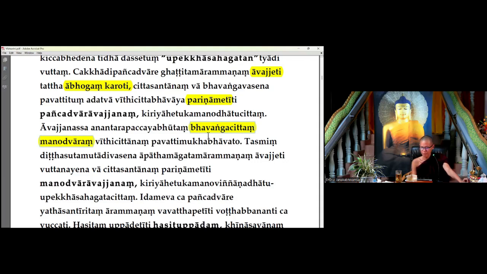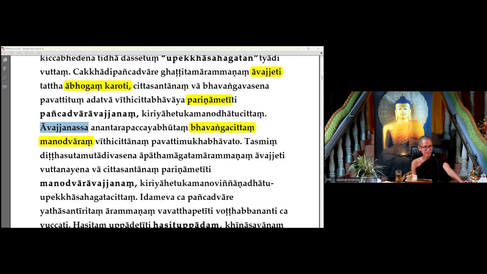So Bhavanga Citta are many. Which is the Bhavanga Citta? Anantara paccaya. Which is anantara paccaya of Āvajjana Citta? So the Bhavanga Citta which is anantara paccaya of Āvajjana.